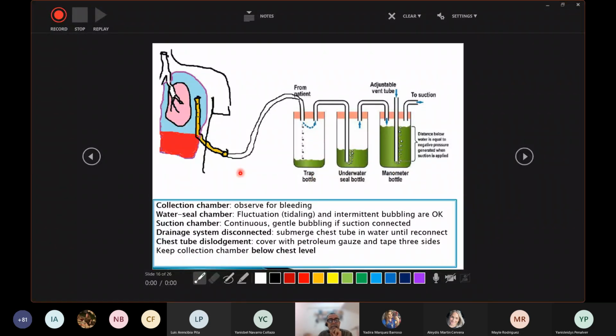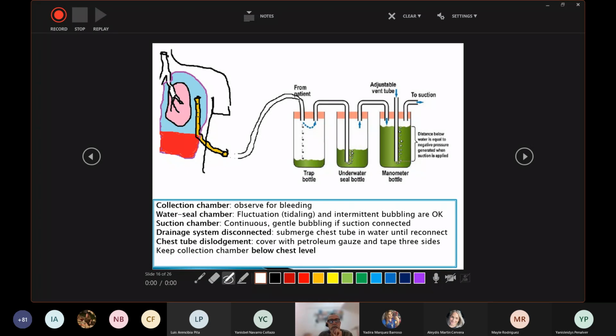The accidents that can occur are of two types. You can have an accident in which this tube can become disconnected.